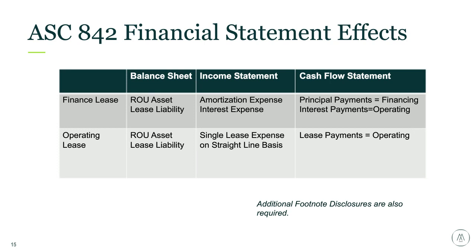And for cash flow purposes, there's a slight difference as well. So principal payments of financing leases will be classified as financing activities on your cash flow statement, and your interest portion will be considered operating for cash flow purposes. And for operating leases, your entire lease payment will be deemed an operating activity for your cash flow statement.